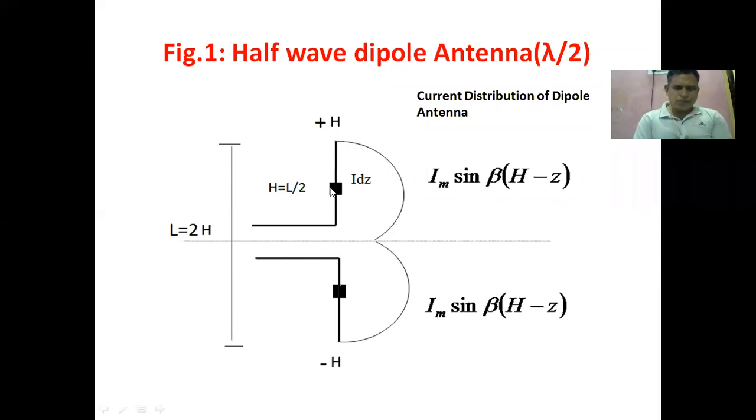Due to this small portion of the antenna, from the distance value we will try to calculate the vector potential. In any antenna derivation, first of all we will find the vector potential, that is A bar. If you know the vector potential, we can calculate the magnetic field intensity.